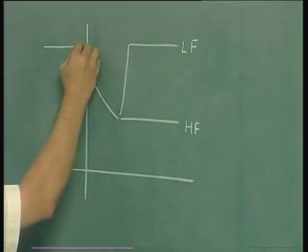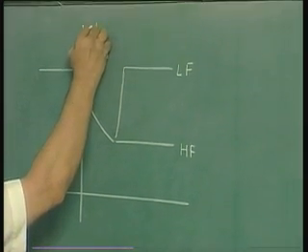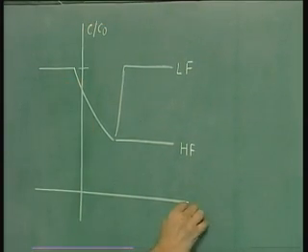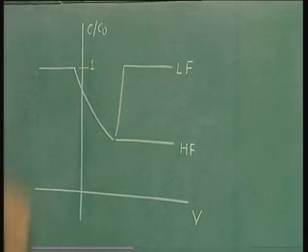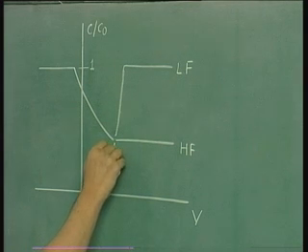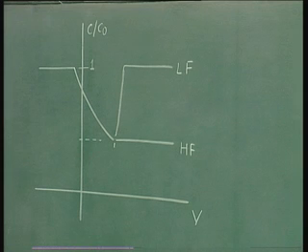So the critical values here will be, if you sketch C by C naught versus V, this value is 1, this is known, then this value, this is another critical value that we have to explain.